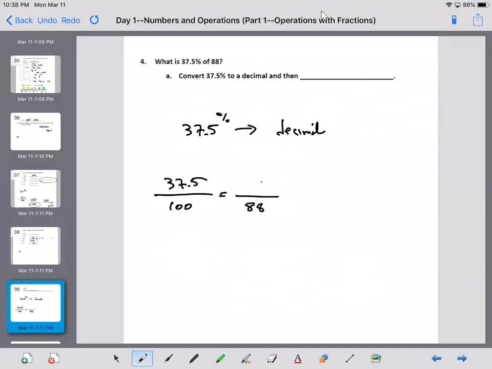I don't know how much of 88 is 37 5/10 out of 100. So I could do some cross products. I know we'll get to proportions in just a moment. So if I said, what number is this, I would need to change this 37 5/10 to a decimal, and then I could multiply.